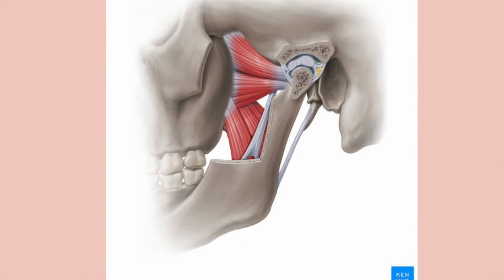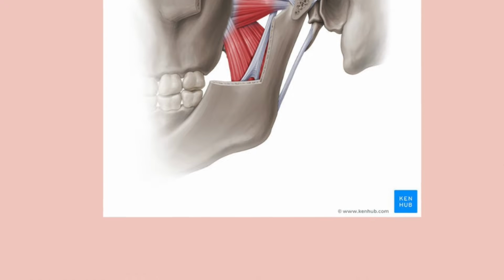We're taking a look at these because they are also responsible for teeth grinding. So if you are waking up in the morning with a sore jaw, with a sore neck, with a headache, chances are you are grinding your teeth at night. And that can also refer pain into the head.